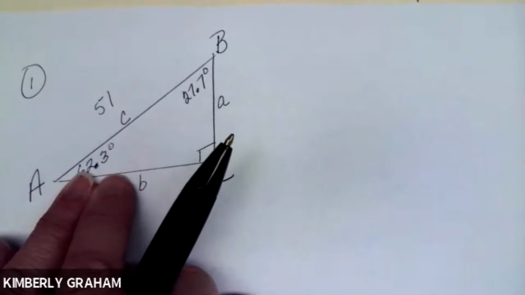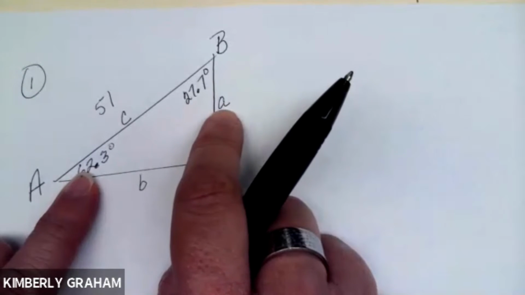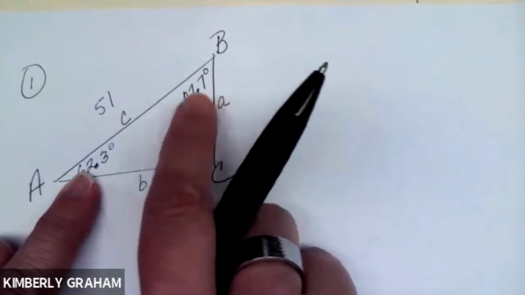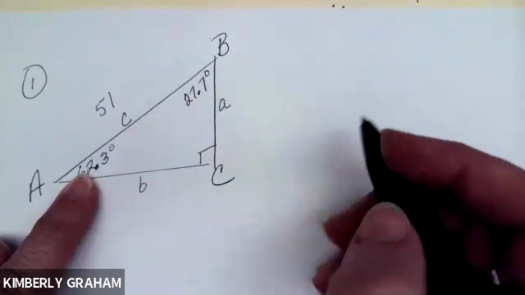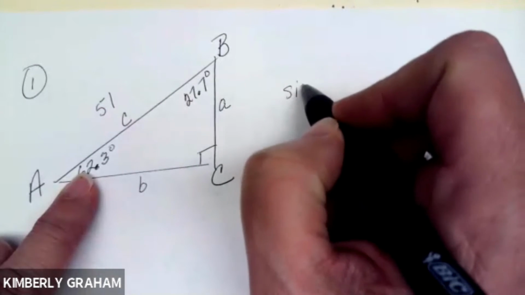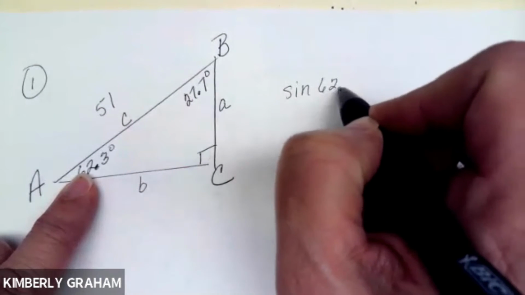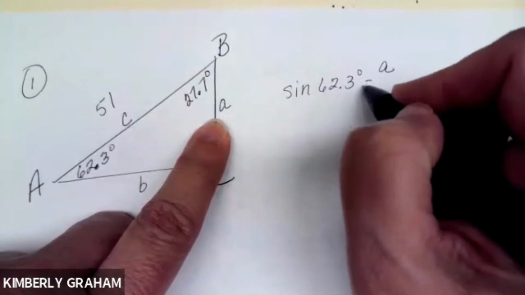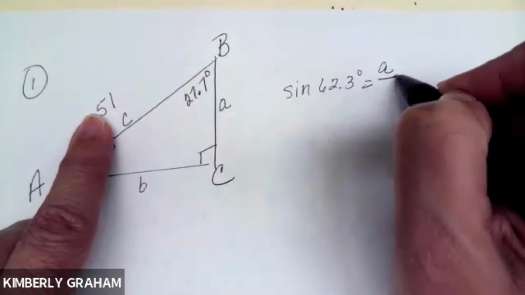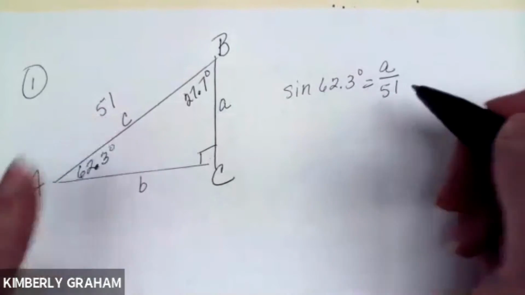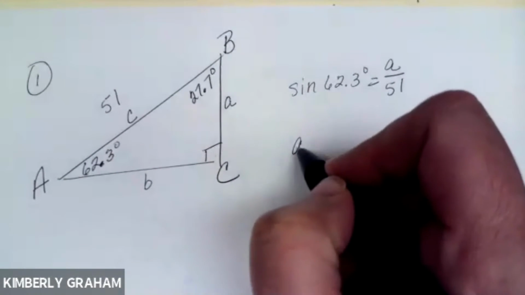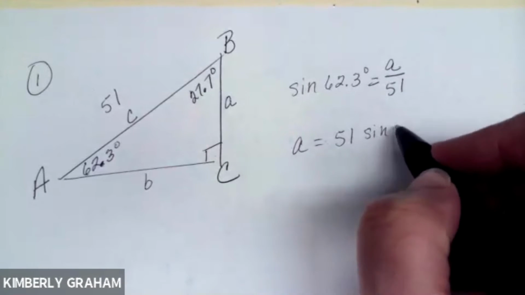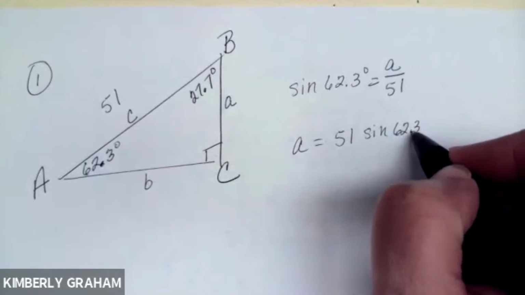And if I want to find this side a, I know that sine is opposite over hypotenuse. The sine of 62.3 degrees is opposite over hypotenuse, so a over 51. So this a value is 51 times the sine of 62.3 degrees.